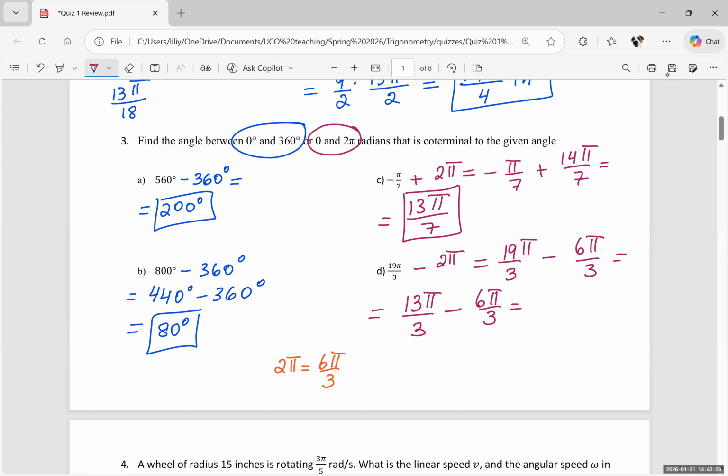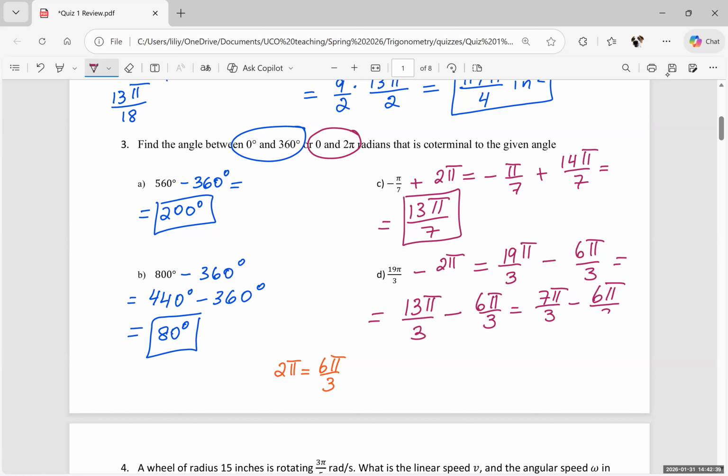So 13 minus 6 will be 7 pi over 3, still bigger than 2 pi, so minus another 6 pi over 3. And finally, we get to pi over 3, which is less than 2 pi. So that's the thought process that you should be taking here.